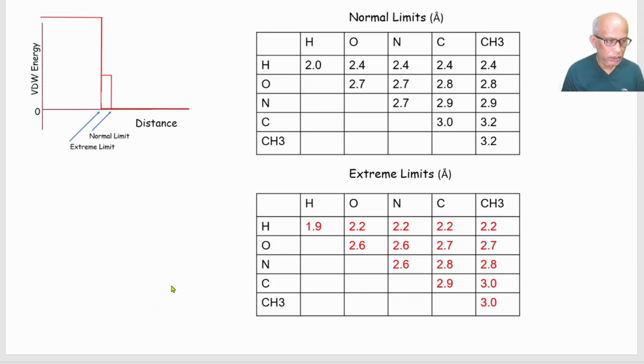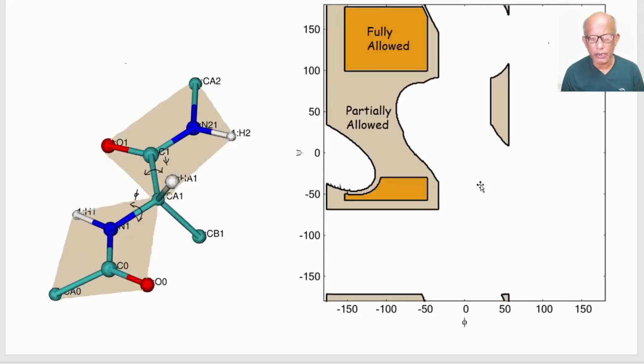Having done that, he obtained this particular map, where phi and psi are allowed to vary in their full range, minus 180 to plus 180, and he found that there is only a small region here which turns out to be allowed in some ways. This region, called fully allowed, has not a single non-bonded atom pair whose distance is less than even the normal limits.